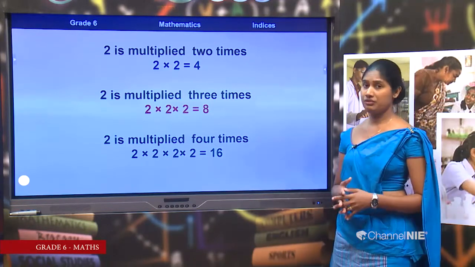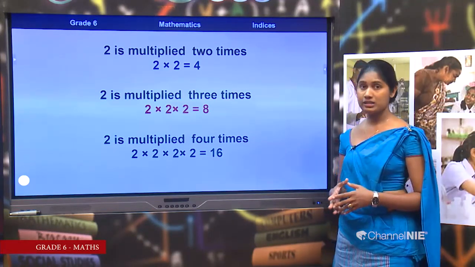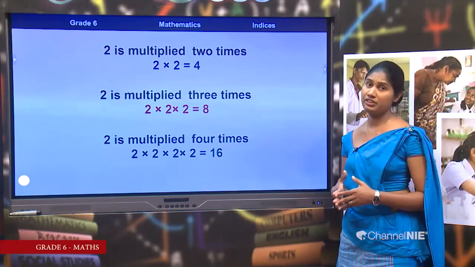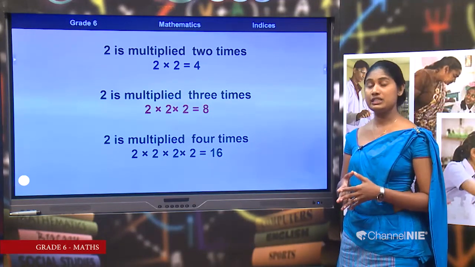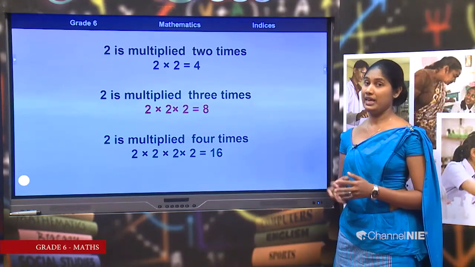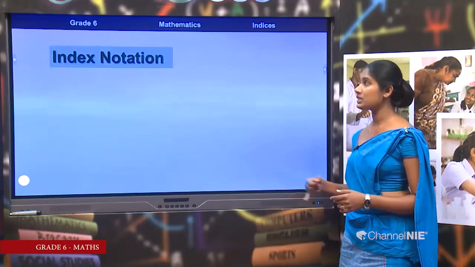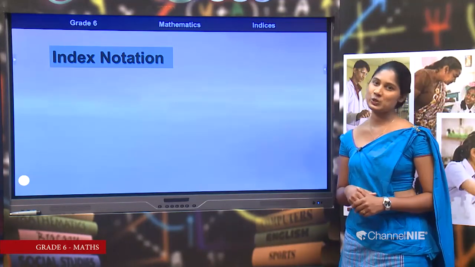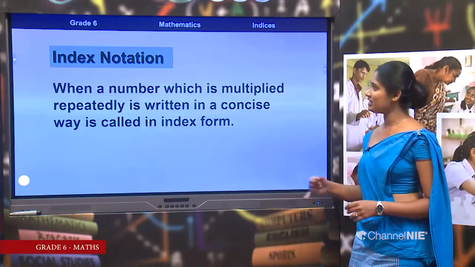When we have to multiply like this several times, 2 many times, it is very inconvenient. So, when we write it, it is also very inconvenient. So, we can use index notation for that. So, what is the meaning of index notation? Let's see, my dear children.